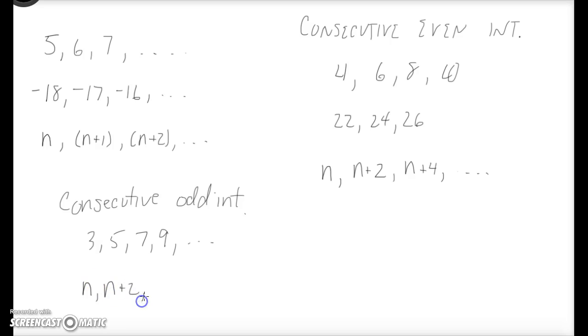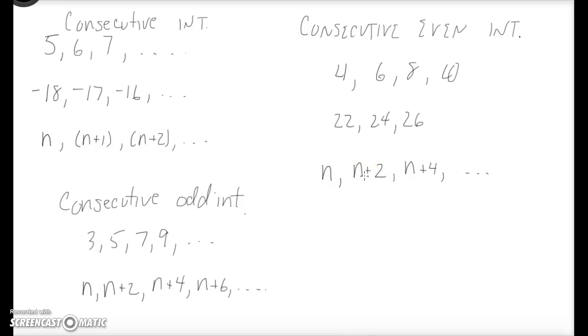So n plus 2, again, n plus 4, n plus 6, etc. So this was consecutive integers, and consecutive even integers and consecutive odd integers. So consecutive integers only differ by 1, whereas consecutive even and odd integers differ by 2 each time.